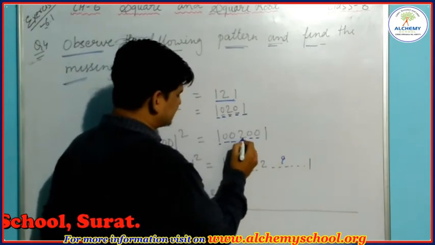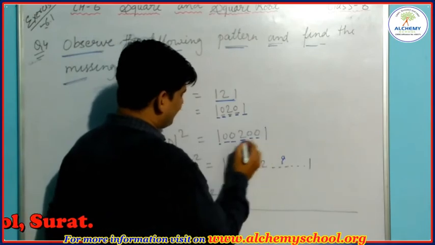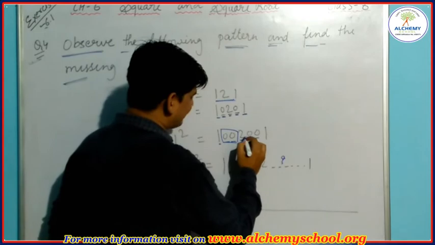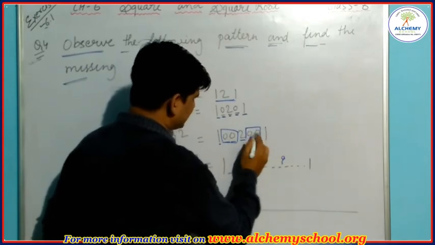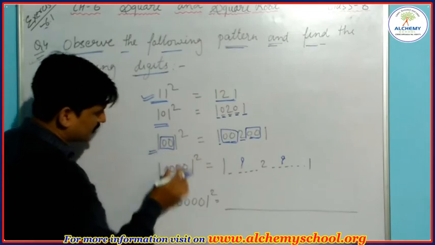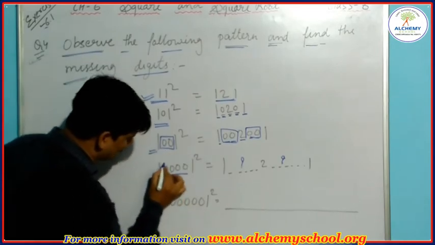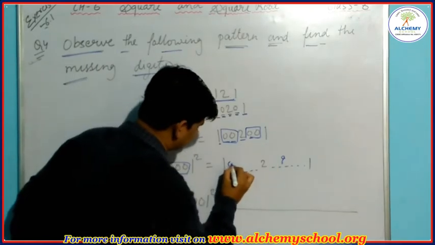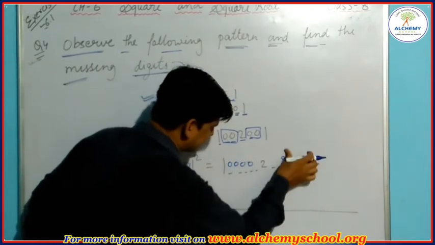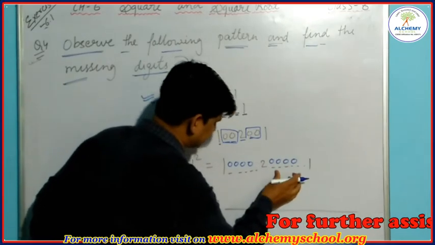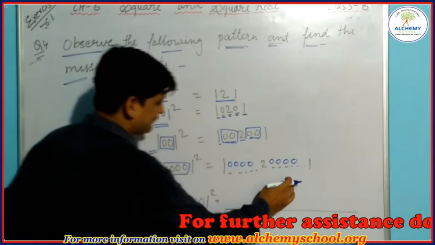Before 2 it has 0 and after 2 it has 0. The same way, if it has 4 zeros, then before 2 it will include 4 zeros and after 2 again it will include 4 zeros. So we are continuing the pattern here.